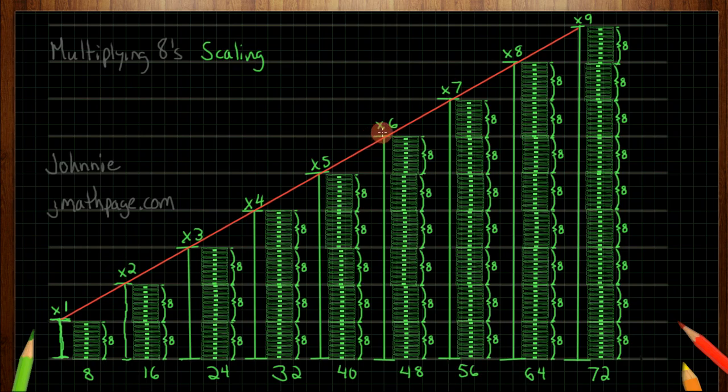So if you take 6 stacks of 8 boxes and you only want half as many, we can think of that as 3 stacks of 8 boxes. Do you see how this stack of 8 boxes is half as big as the 6 stacks of 8 boxes? So that's another way to think about scaling, as things getting smaller. So scaling is an interesting way to think about multiplication, and I hope this helped you think about it well.